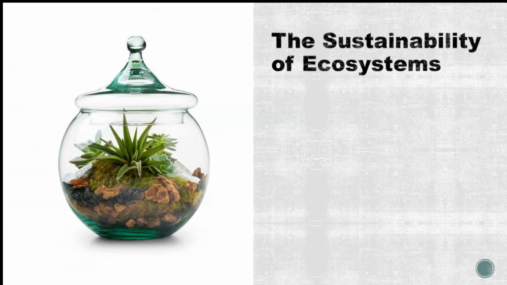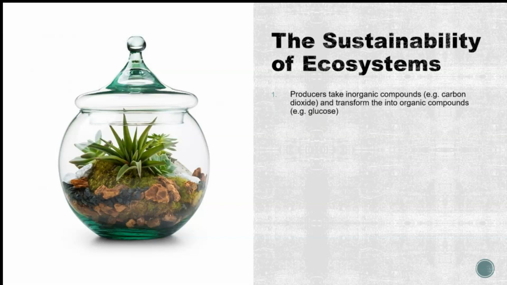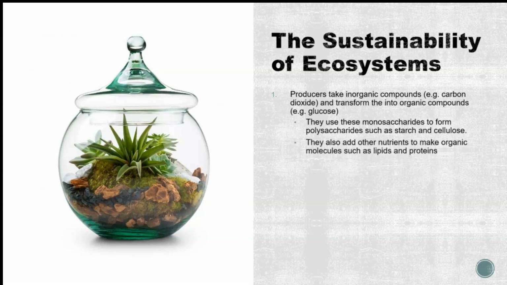Okay, this brings us to a topic that we know quite well, and sustainability of our ecosystems. You see there, that's actually a mesocosm. Okay, so producers take inorganic compounds such as carbon dioxide and transfer them into organic compounds such as glucose. They use these monosaccharides to form polysaccharides such as starch and cellulose.